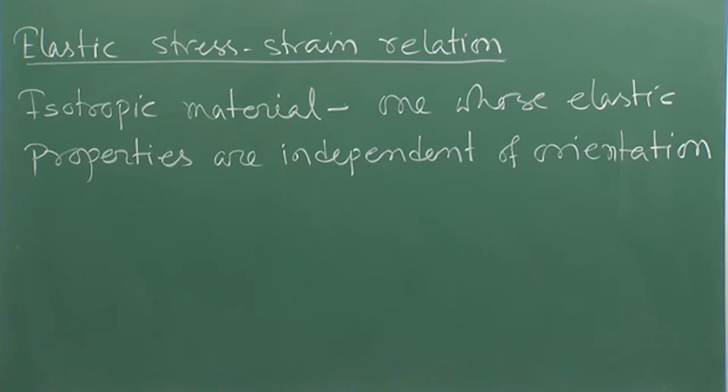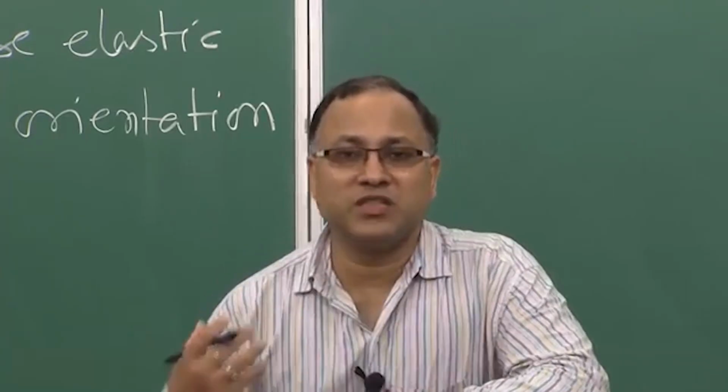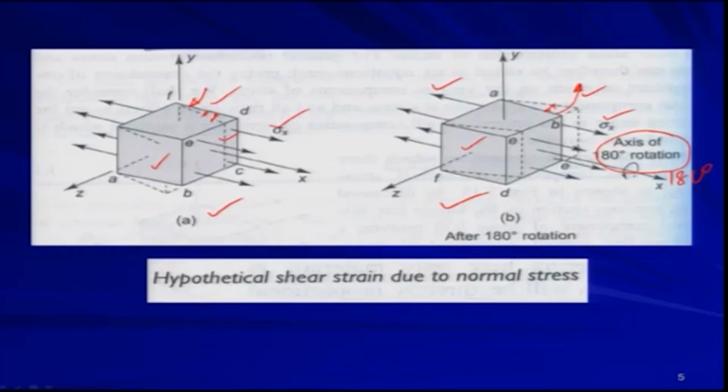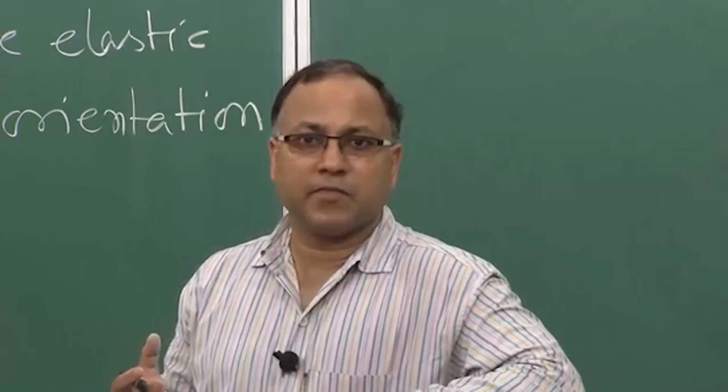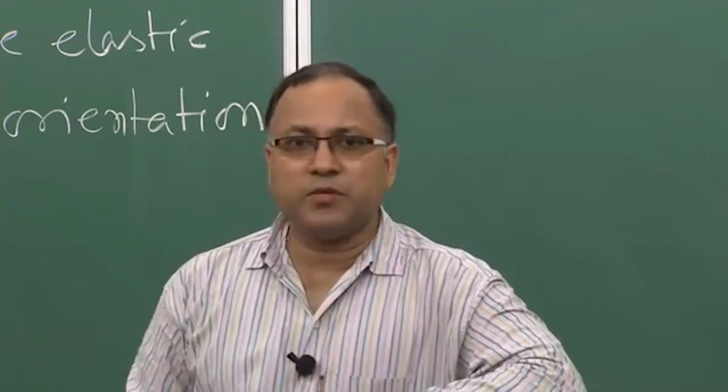Therefore, due to the application of sigma x, when you apply some rotation, you are getting a change in the sense of shear strain. If you say this shear strain is positive, then in the other figure you are getting shear strain as negative. That is a completely contradictory finding, and it should not happen as long as you are dealing with isotropic material.